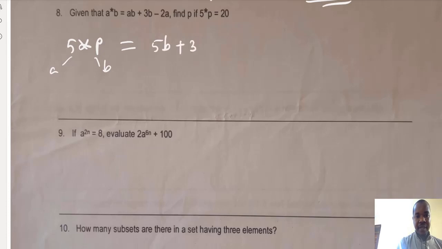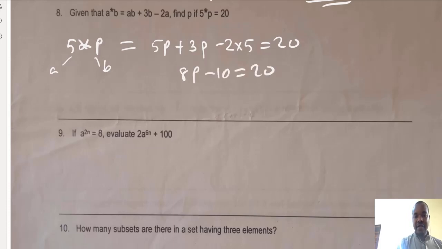plus 3P minus 2 times A, which is 5, and the result now equals to 20. So you have 8P minus 10 equals to 20.